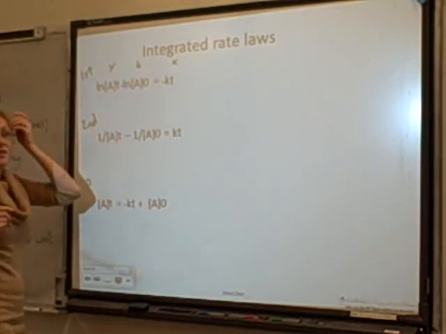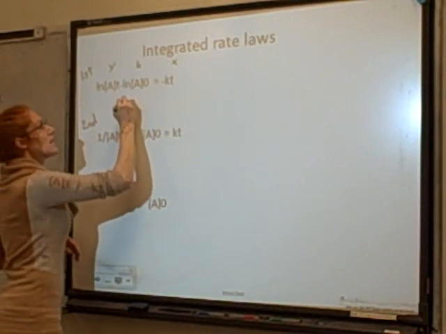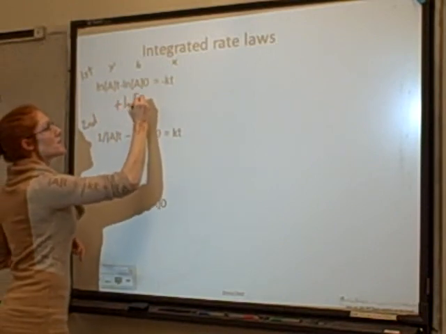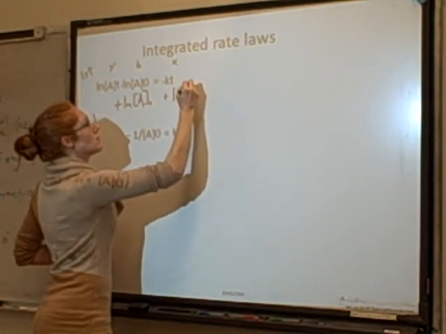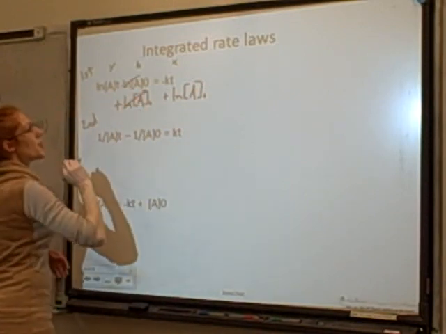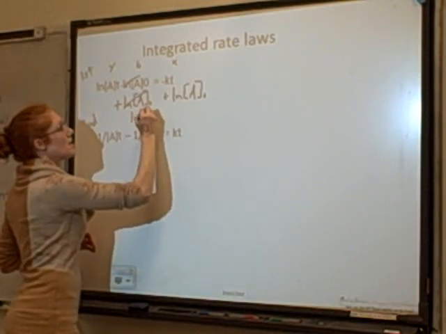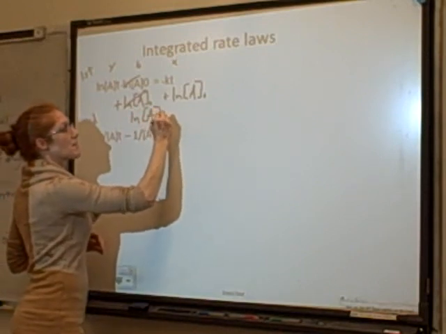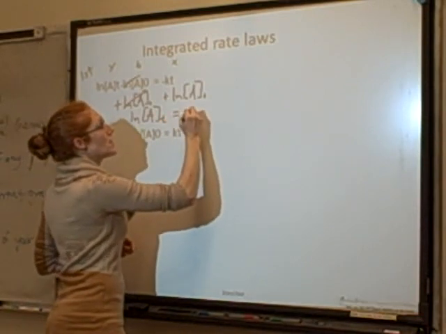I want to rearrange this to make a straight line. So what I'm going to do is add natural log of the concentration of A initially to both sides. And this cancels out. And the linear equation that I'm left with is the natural log of the concentration of the reactant at some time t, whatever time it is, equals negative k.